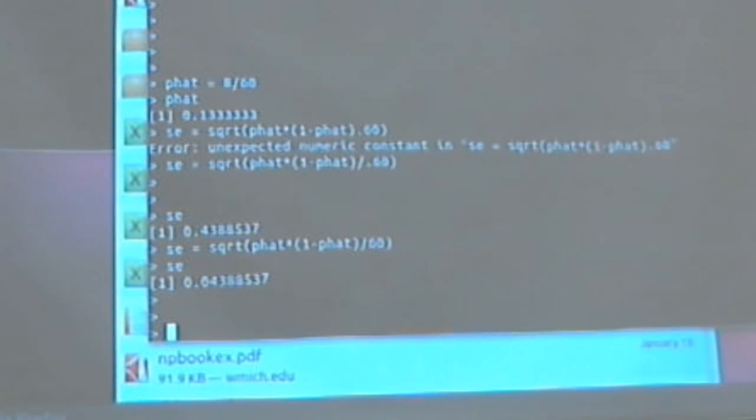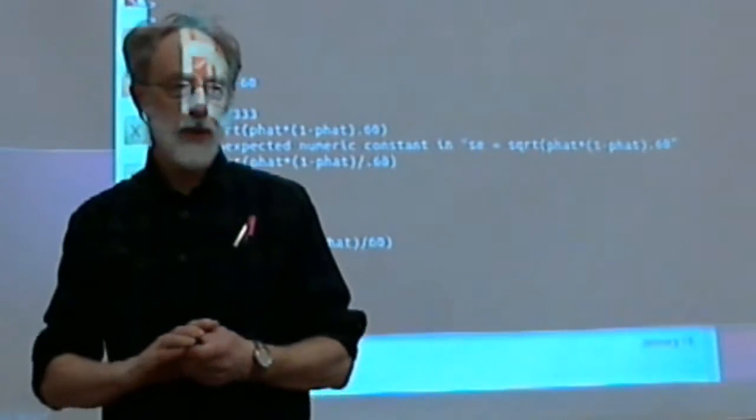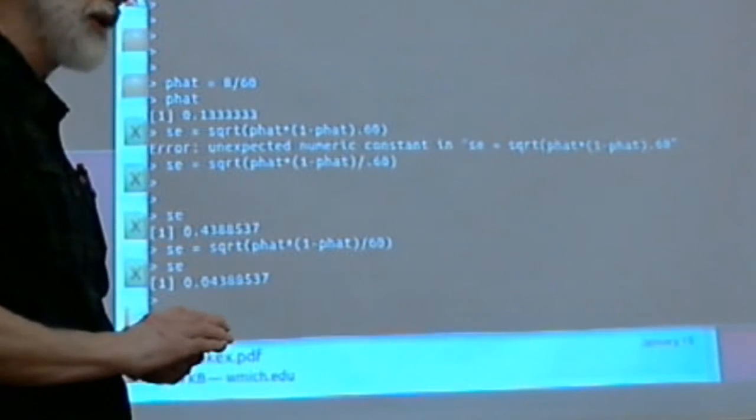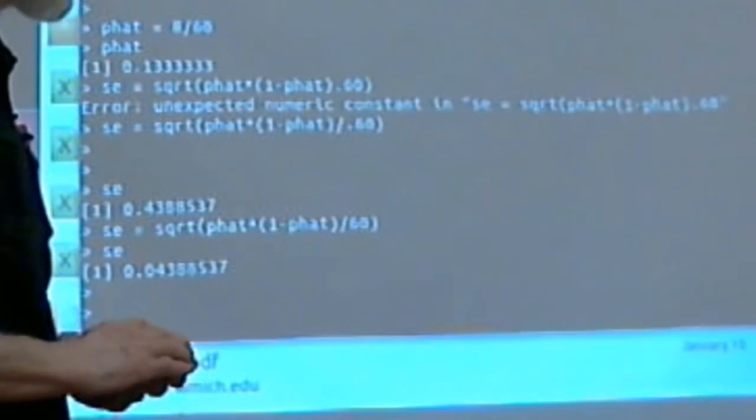Okay, and now we can do our confidence interval. Now we have to select the confidence level. Let's be a good government person. We'll select 95%, so the critical value is 1.96.